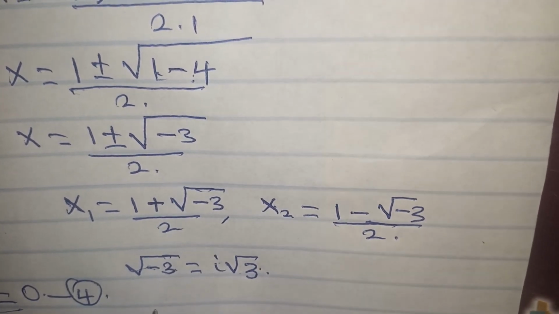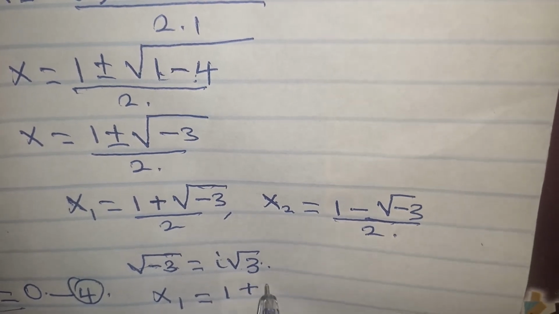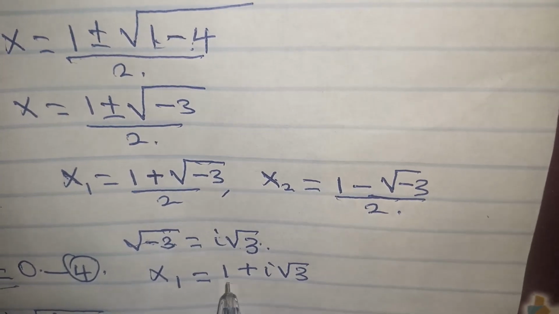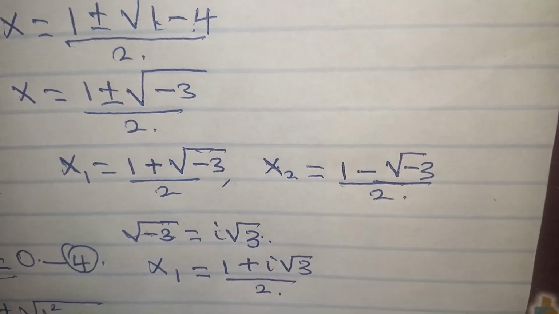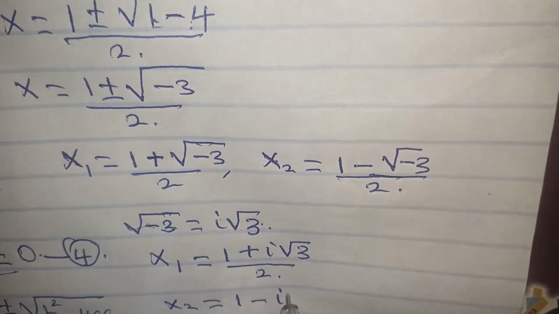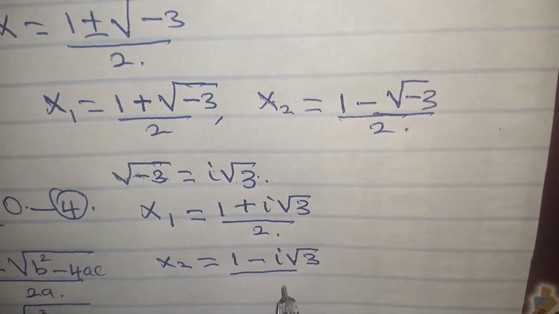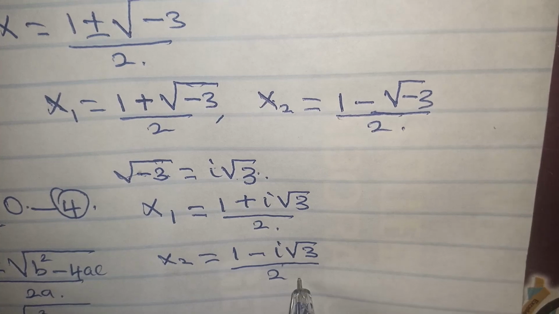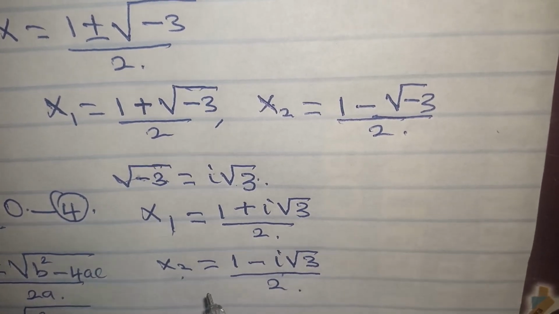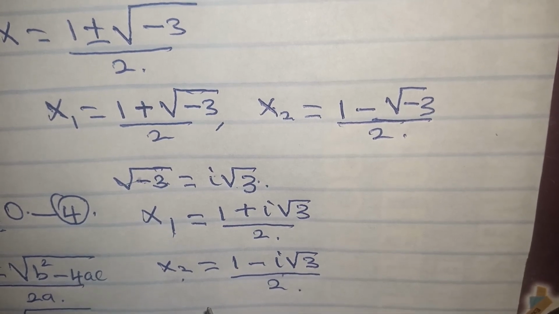If we do that, we can see our x1 is equal to 1 plus i root 3 over 2, and our x2 is equal to 1 minus i root 3 over 2. So these are your values for x1 and x2. So let's solve further for y1 and y2.